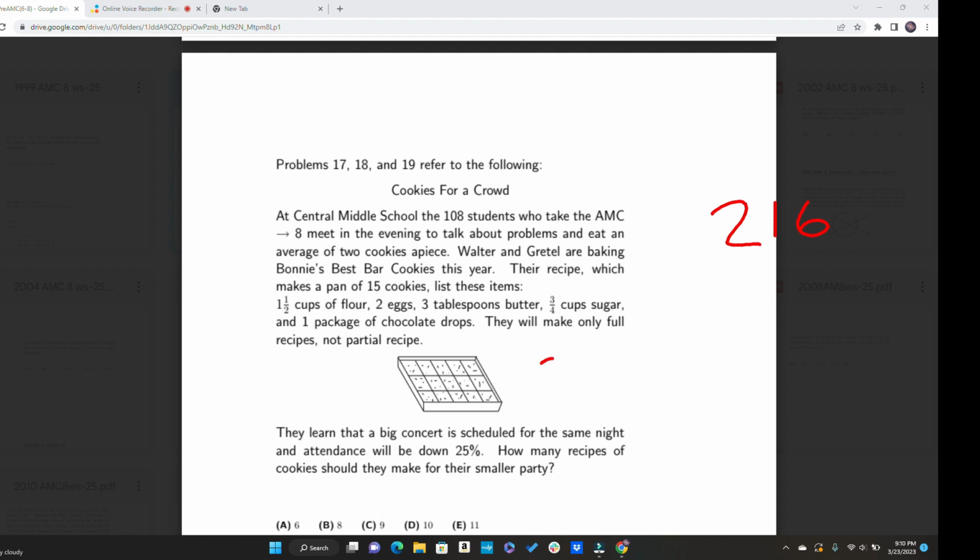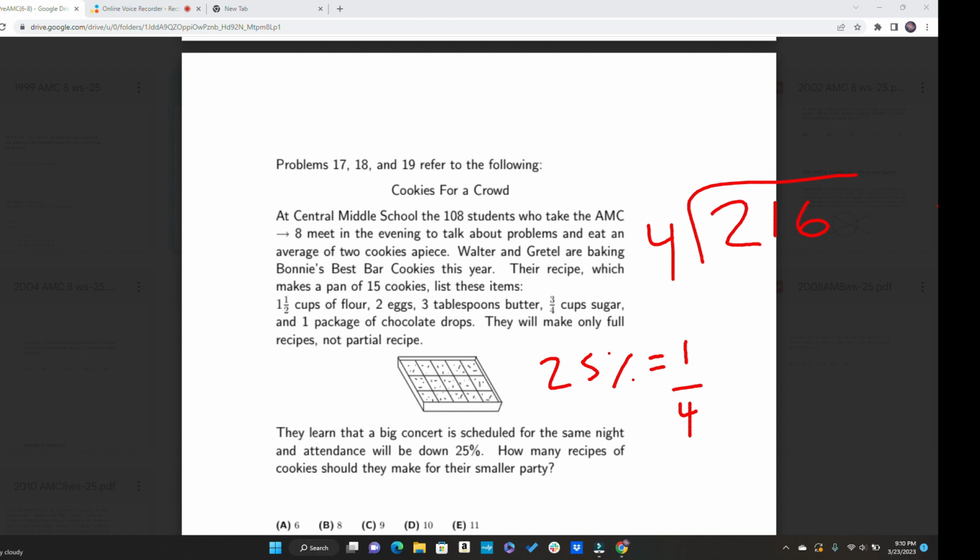So 25%, something helpful for me is it's a lot easier for me to visualize if I think about that in a fraction, right? So 25 over 100, that's equal to 1/4, right? Just like 25 cents is 1/4 of a dollar. That's the same thing. So if we're losing 25%, we're losing 1/4 of 216.